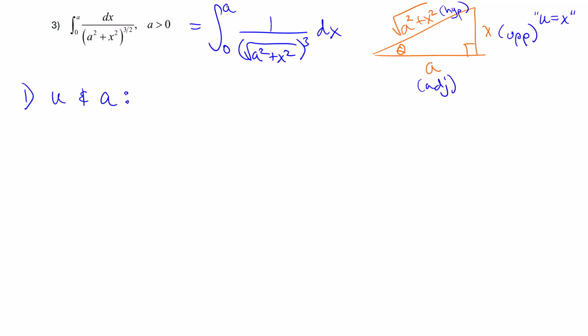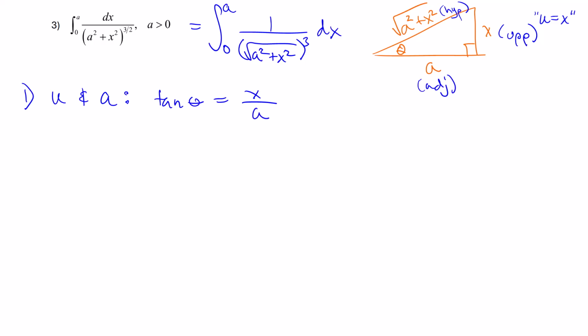Well, that means I want x and a, and that would be tangent theta, because the way we have our model labeled, x is on our opposite, a is on our adjacent. So we can say tangent of theta equals opposite, which is x, over adjacent, which is a. And there's our first ratio that we'll be able to use.